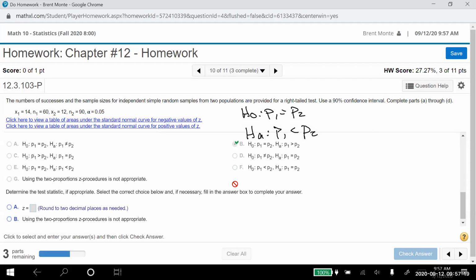So let's quickly fix that. So it's our typical right-tailed test where we're going to use the greater than. All right, so let's go ahead and run the test. So let's go in. This is where we need all our numbers, but back into StatCrunch.